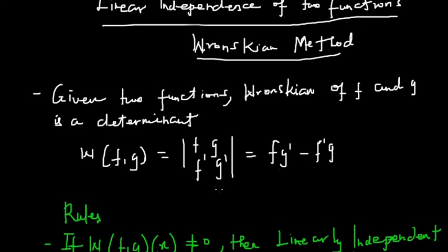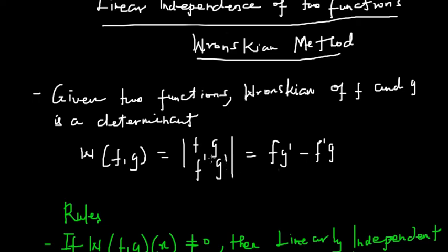After taking the derivatives, the functions become four entries. So these are the original functions f and g, and these are the derivatives, f prime and g prime.